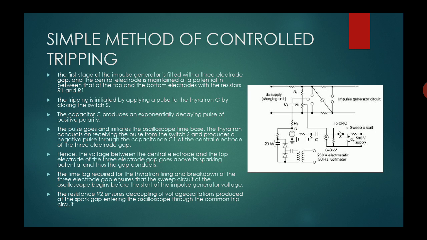Before the start of the voltage, you have to keep that amount of time lag in mind to take care of the lag in the thyratron. The resistances are to ensure decoupling of the voltage oscillation produced at the spark gap from entering the oscilloscope through the common trip circuit.